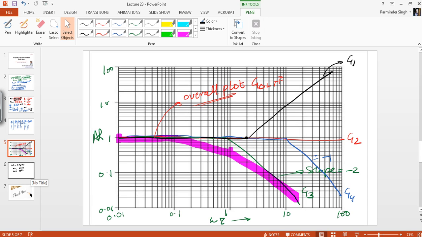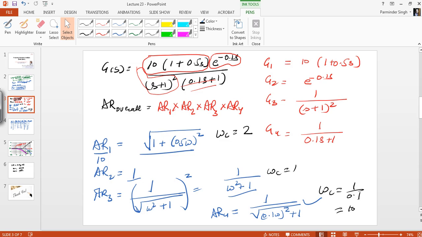The only method is, you first identify the separate standard transfer functions, like in this case which I've done, and then you find out the amplitude ratios and the corresponding corner frequencies, and for overall amplitude ratio it's nothing but the product of individual amplitude ratios.